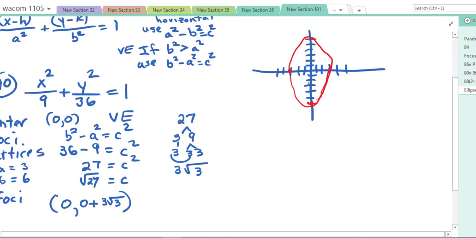They're going to be on this main axis, the vertical axis. The other piece it asked us for was the vertices. The ones that are called the vertices are the ones on that major axis. So over 0, so don't go over, and go up our b component, and 0, -6.